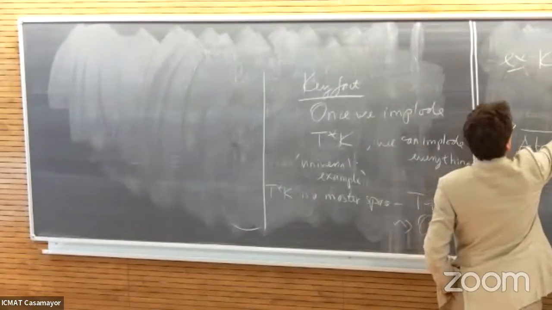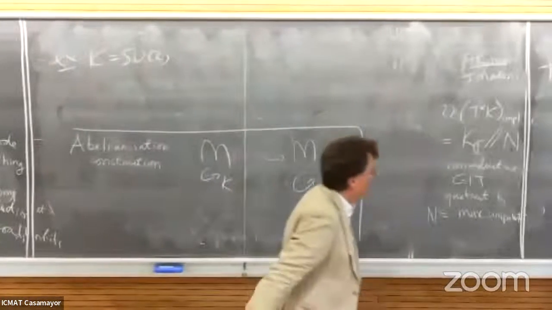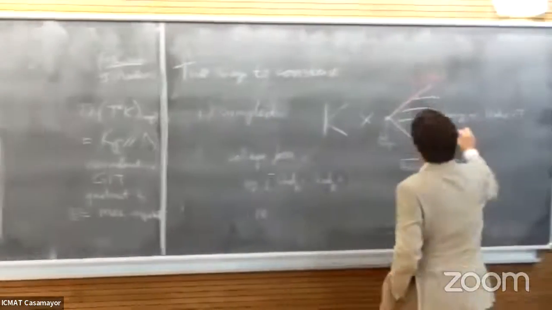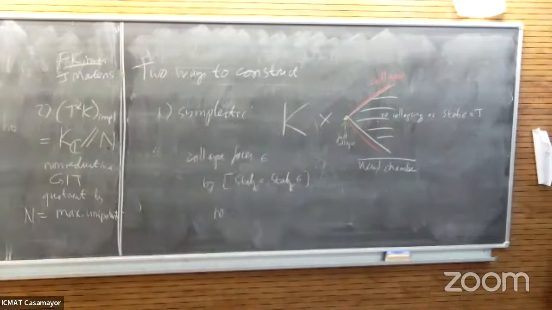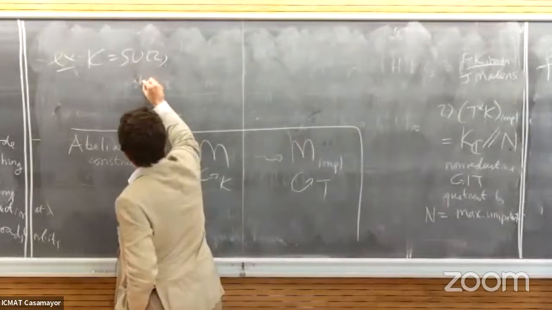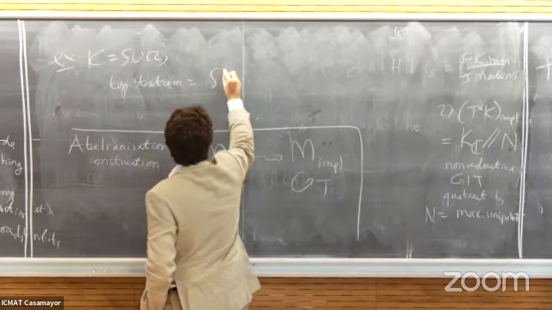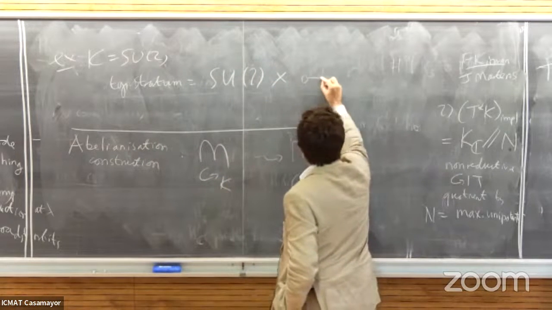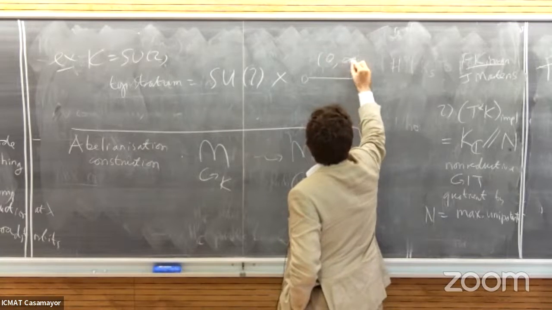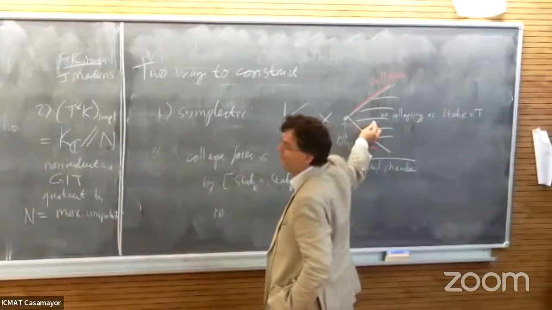Okay, obviously, let's think of the simplest example, SU2. So what's going on here? From this point of view, we take the top stratum, which is SU2 cross the open Weyl chamber, the interior.